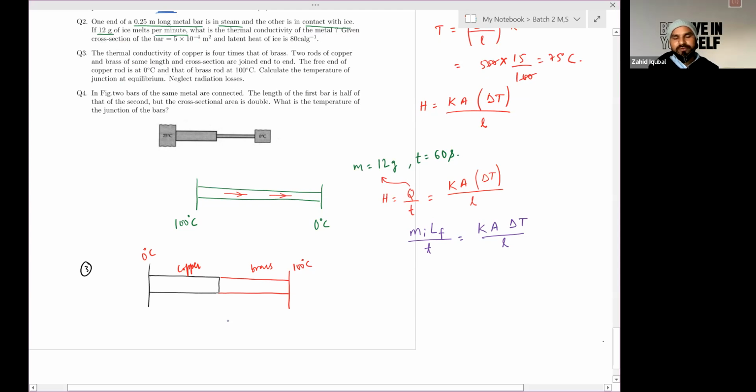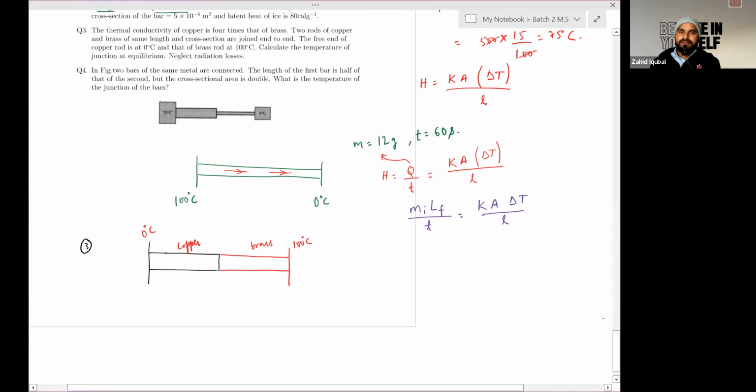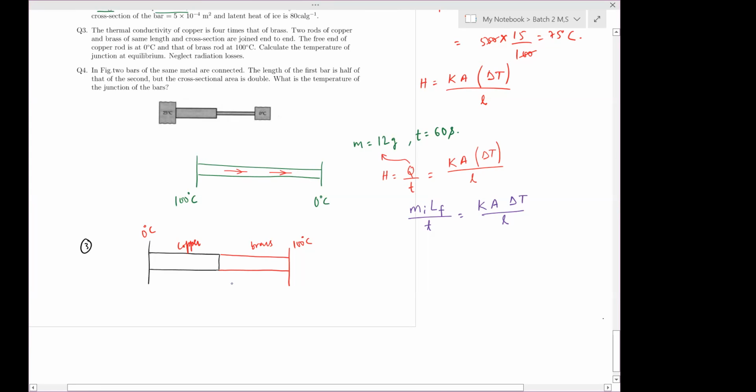So Myra, which type of combination is this? Series or parallel? Asma, which type of combination is this? Series or parallel? So series. Good.